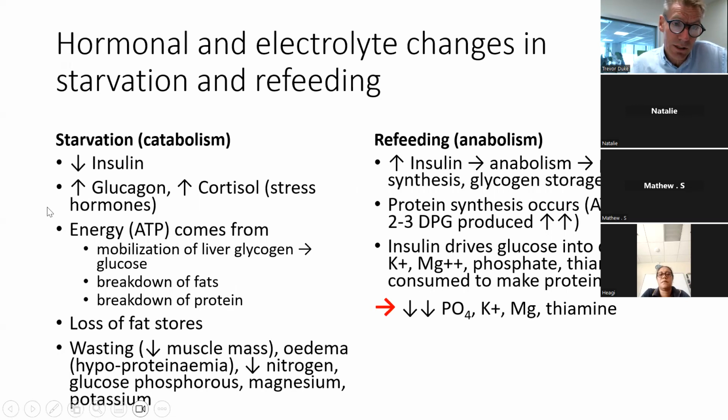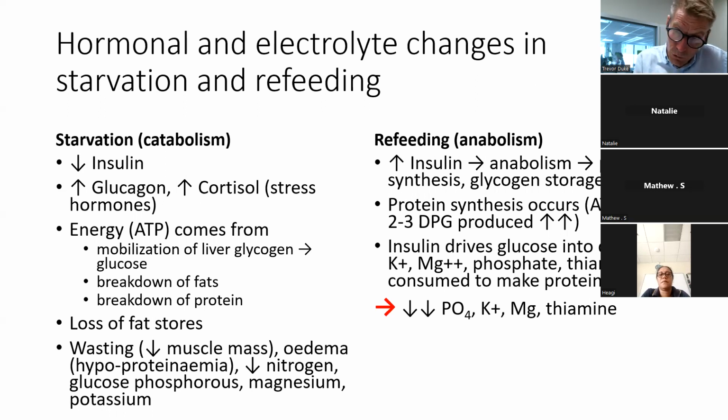Under starvation, you have a drop in insulin, you have an increase in glucagon and cortisol and adrenaline, typically, and the energy, your ATP, comes from the mobilization of liver glycogen to break down glucose. So you use up all your glycogen stores in the liver, and then breakdown of fats, that you have fat stores, and then breakdown of protein, which is muscle. So it usually goes in that order.